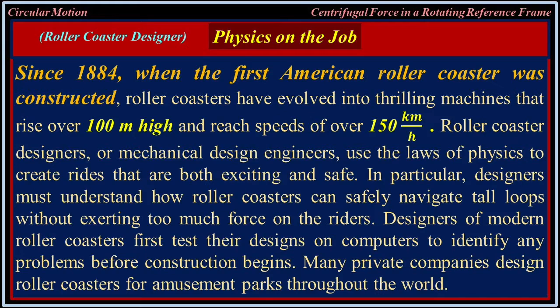In particular, designers must understand how roller coasters can safely navigate tall loops without exerting too much force on the riders. Designers of modern roller coasters first test their designs on computers to identify any problems before construction begins. Many private companies design roller coasters for amusement parks throughout the world.